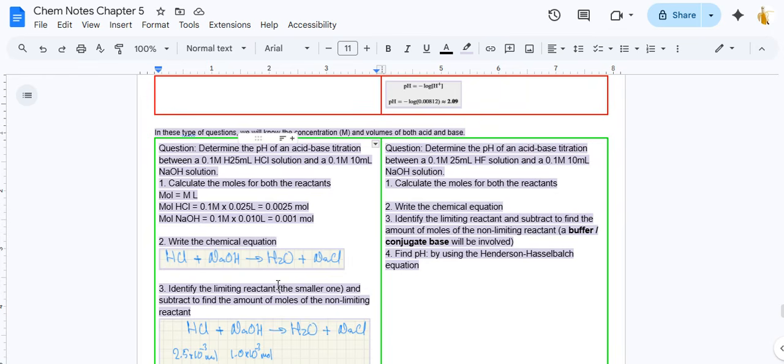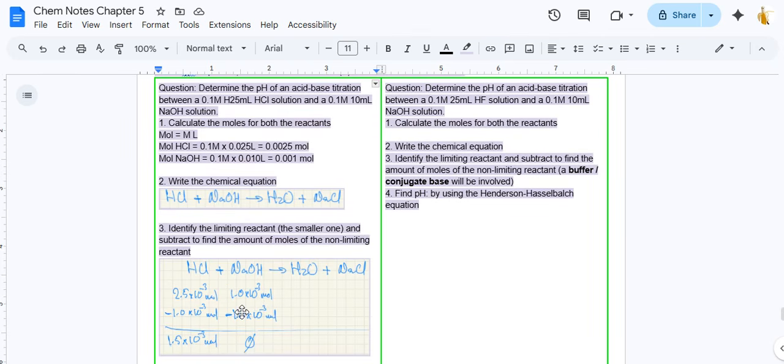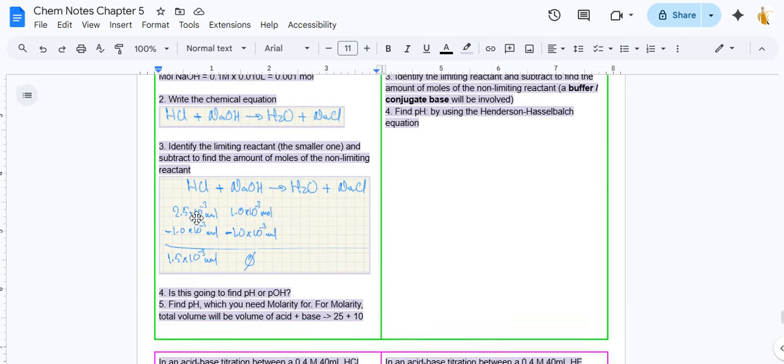It's the one with the smaller amount of moles. So NaOH would be the limiting reactant. And you subtract the limiting reactant from both of these. And then you get that amount of moles remaining for HCl.